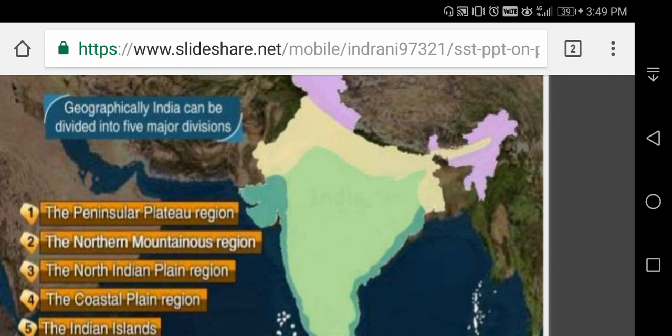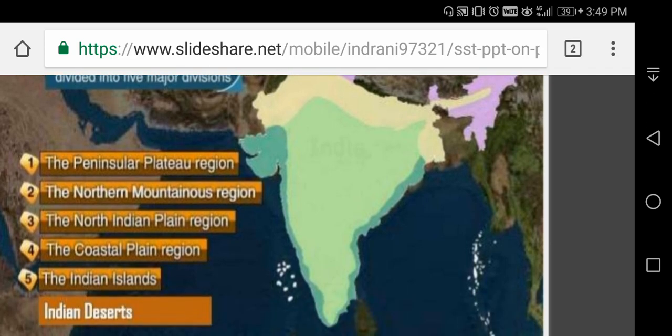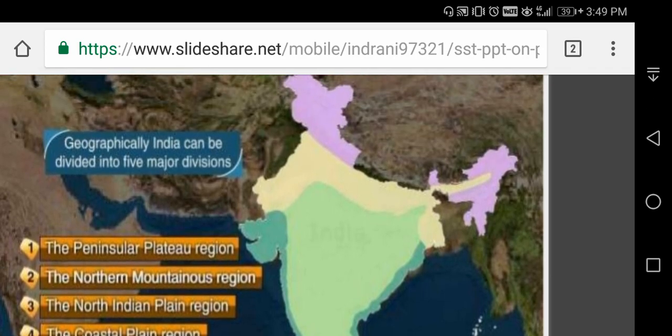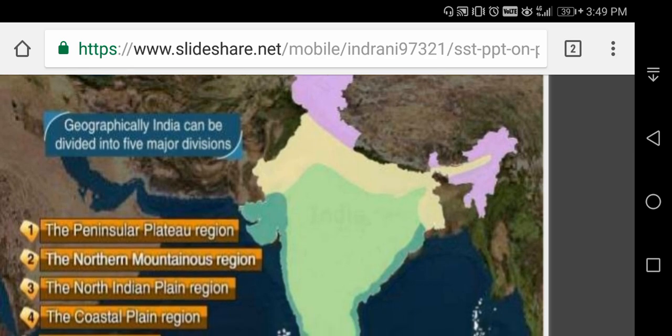According to color, you can find out. From the top, pink color is showing the northern mountains, and yellow color is showing the northern plain. Then light green color is showing the peninsular plateau.